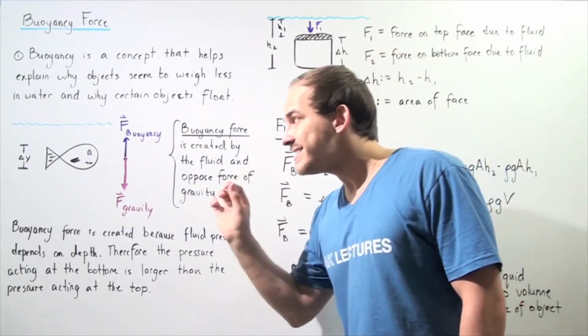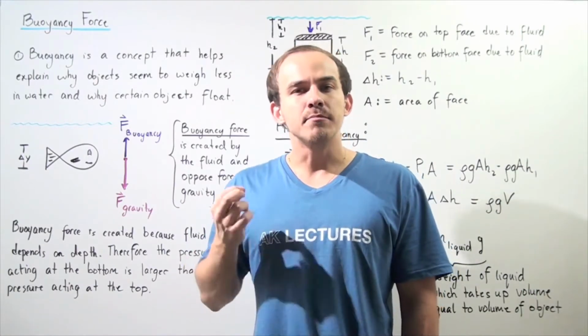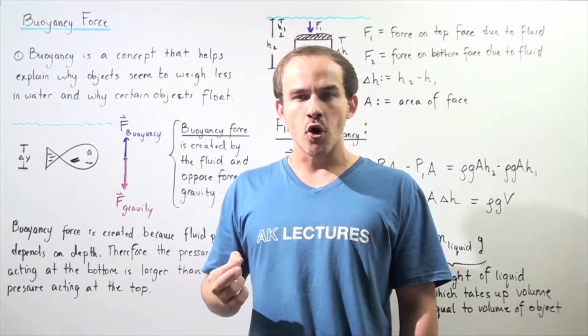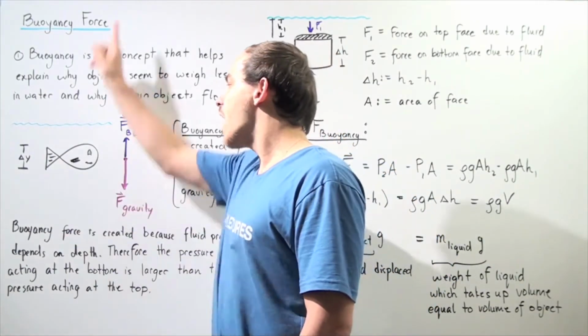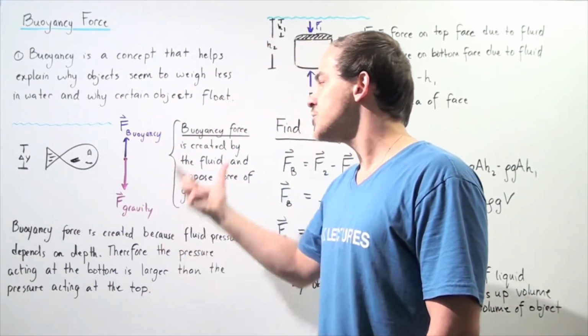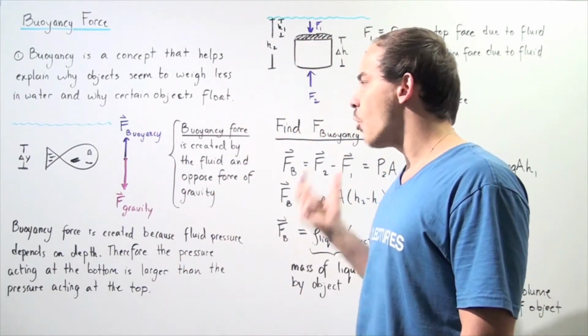But the fish is in fact in static equilibrium, so there must exist an opposing force that has the same exact magnitude but points in the opposite direction of the gravitational force. This force is known as the buoyancy force.